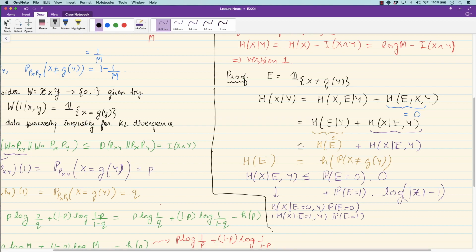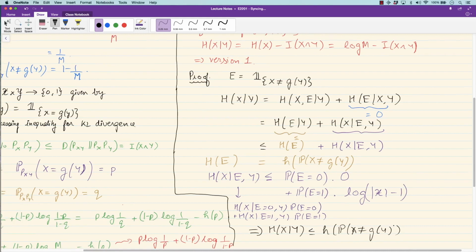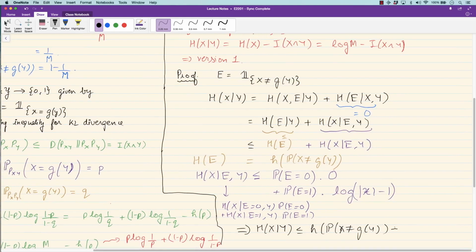Okay, so combining this bound and this expression with this bound, what we have obtained is that H(X|Y) is less than or equal to the binary entropy of the probability X not equal to g(Y), plus, again, what's the probability E equal to 1?